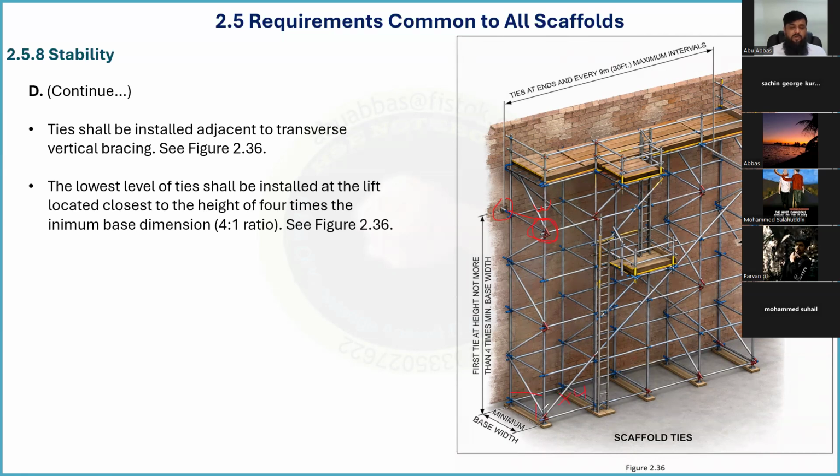Let us say it is 1.5. So how much will it be? 6 meter. So from the base till the 6 meter, the first tie will come, where 4 times the minimum width dimension is achieved.